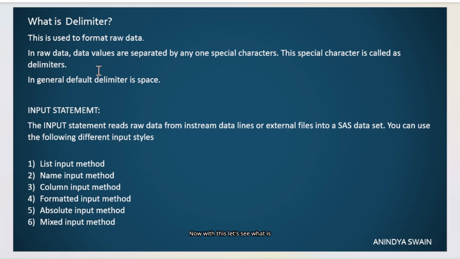Now with this, let's see what a delimiter is. A delimiter is something we use to format raw data. In raw data, essentially the data values are separated by one of the special characters. This character is called the delimiter. In general, the default delimiter is space.